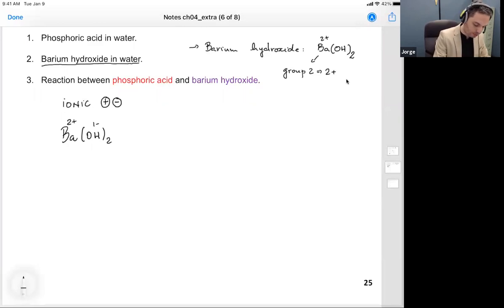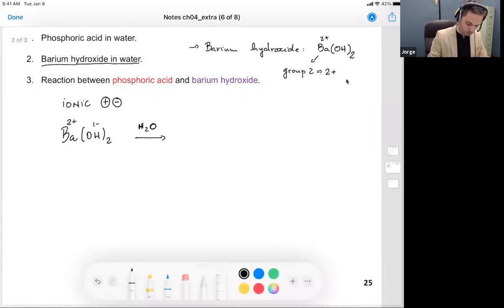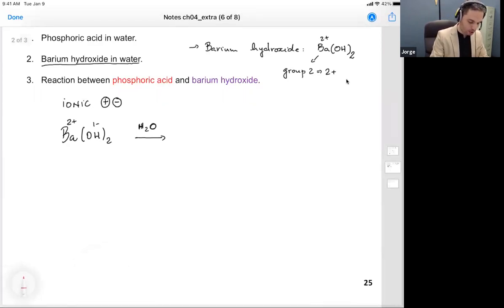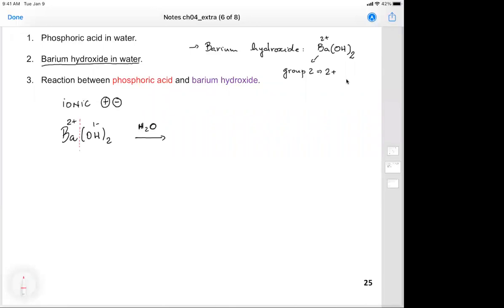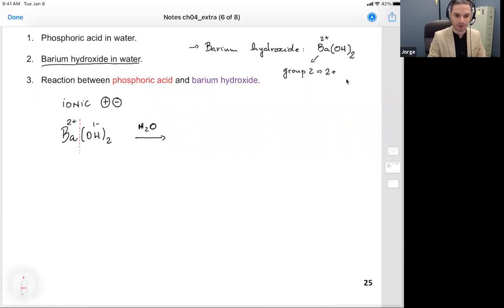When we dissolve this compound in water, if the compound is soluble, the water is going to be strong enough to split positive and negative charges.